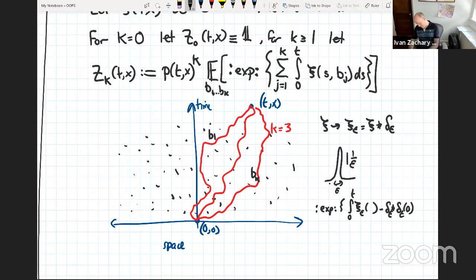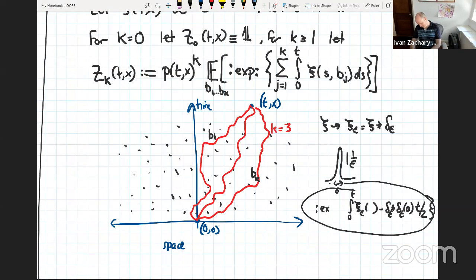So there's some sort of regularization, which makes this actually a martingale. That's what the exponential dot thing means. And as epsilon goes to 0, this has a limit.